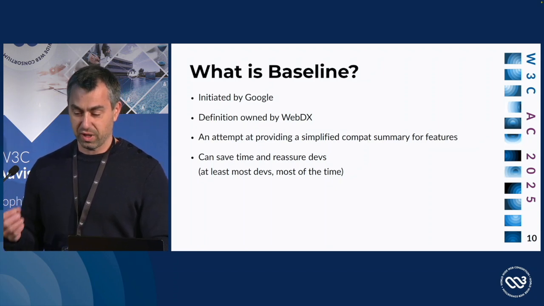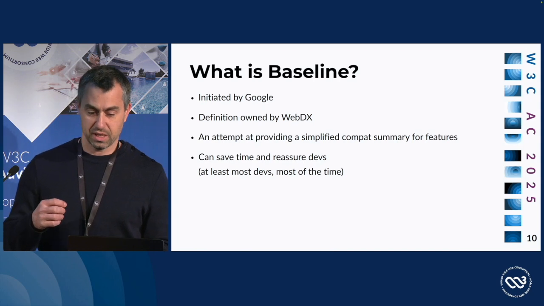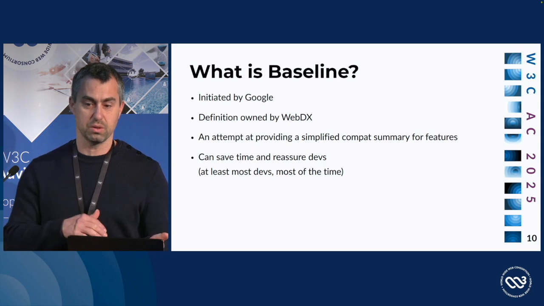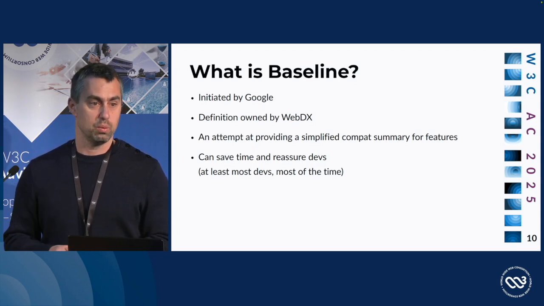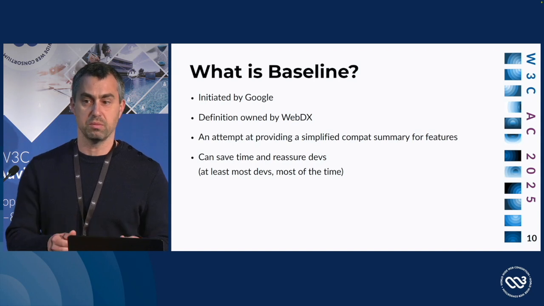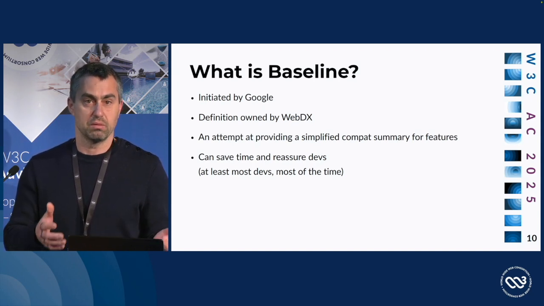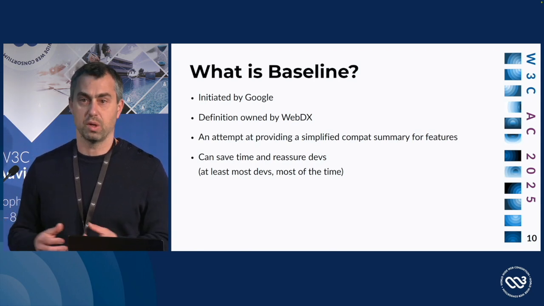It's an attempt at providing simplified compat data, and that's a really hard thing to do on the web, because on the web, nothing is either yes or no as to whether you can or cannot use something, as you fully know. Whether a feature is implemented in one browser doesn't mean you cannot use it because it's only in that browser, right? It could very well be part of your progressive enhancement strategy on your website.